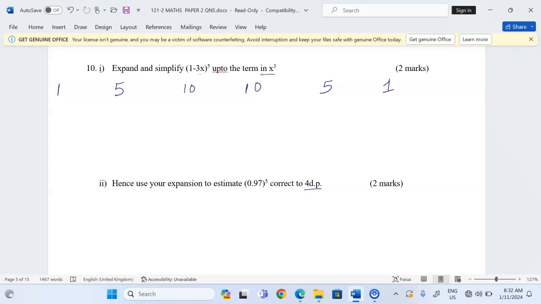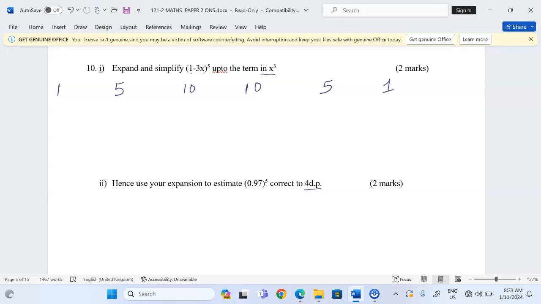When you are carrying out binomial expansions, remember you have two terms in this case. There is 1 and there is negative 3x. This is not 3x, it's negative 3x. The sign behind every number counts. We start with the first term, which is 1, beginning from power 5, then it decreases in the subsequent terms.